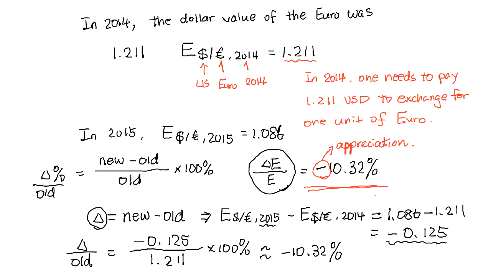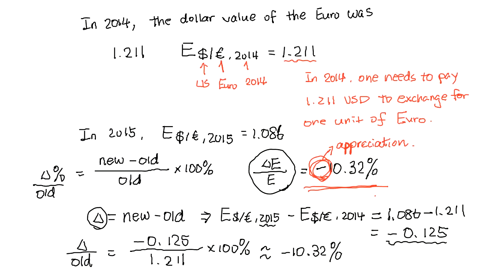Appreciate, right? Because the negative sign here means appreciate. Remember the example we just used before? That means you pay less of your domestic currency, which is the US dollar here, in exchange for the same amount of the foreign currency, which is 1 unit of the euro, right?